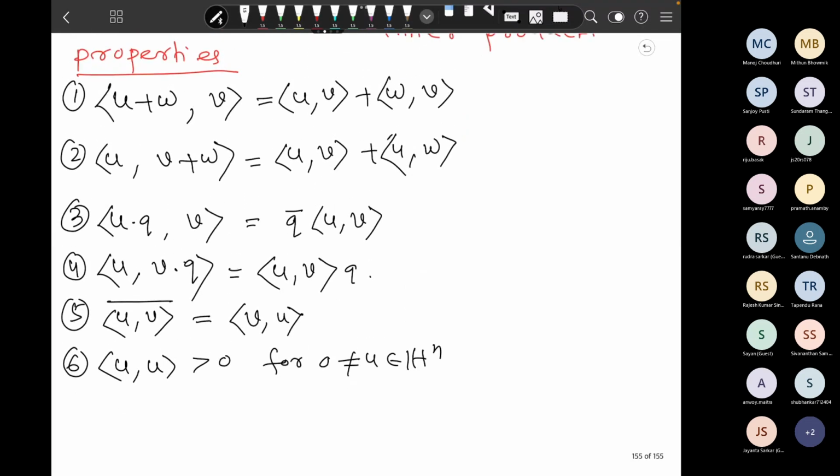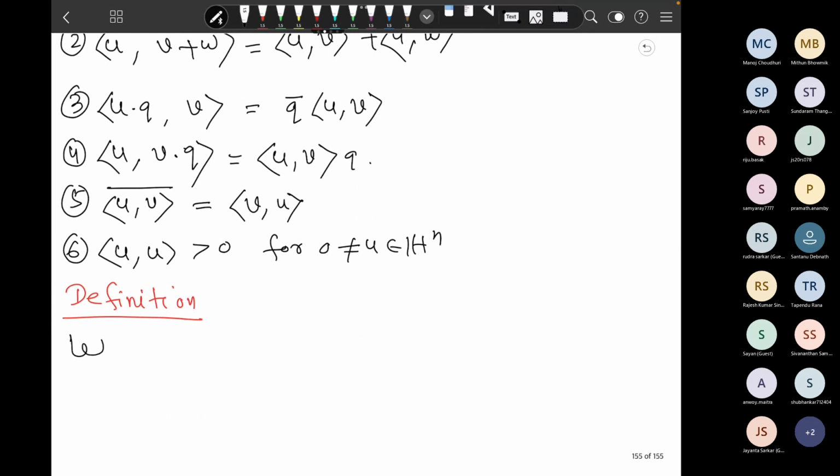Now the definition. Let V be an H vector space.